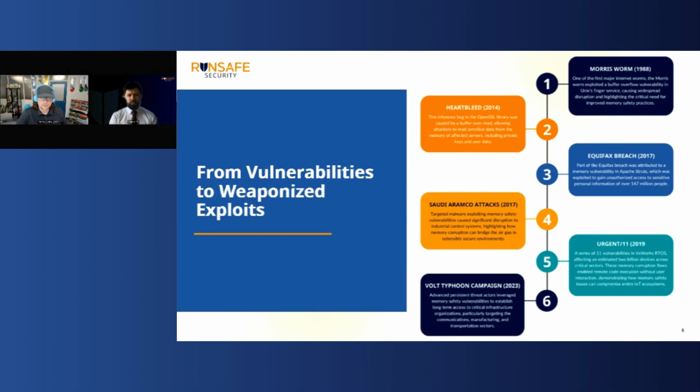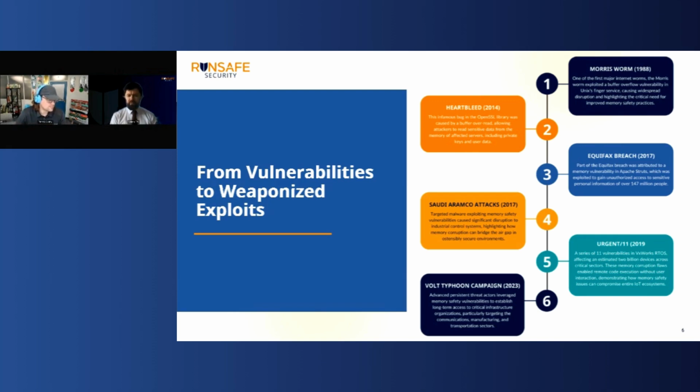We have things like Heartbleed, which affected OpenSSL and a ton of infrastructure and devices on the internet. You have the Equifax breach in 2017 that was also memory safety vulnerabilities. The Saudi Aramco attacks in 2017, another big one that really hit critical infrastructure and disrupted systems in a major way.